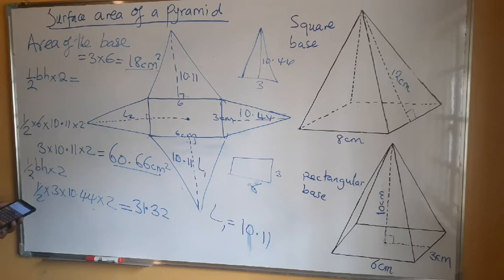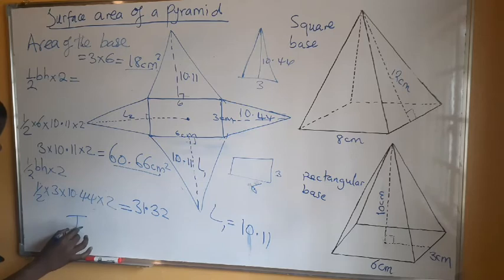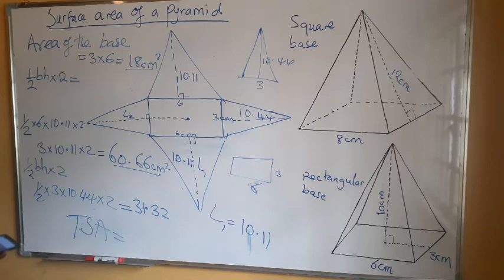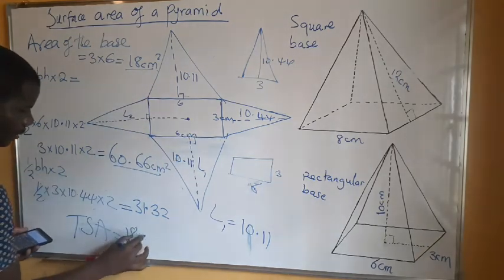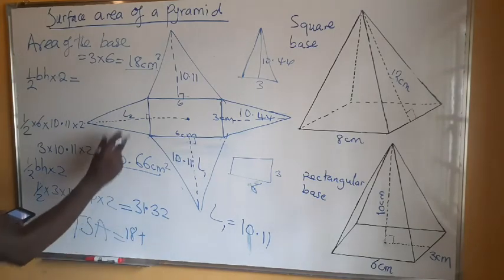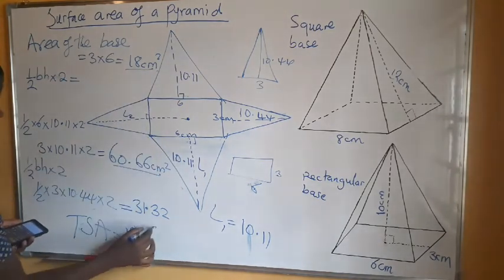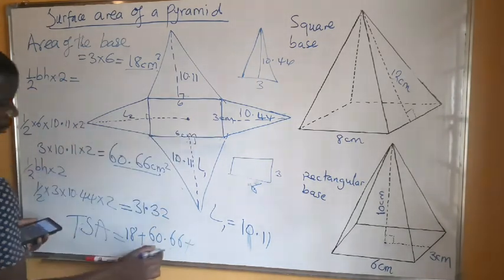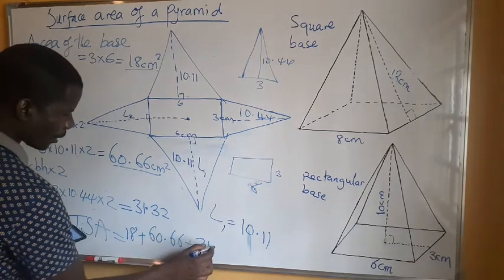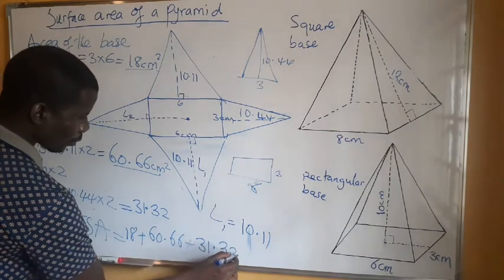Then I'm adding, okay. Then now to find the total surface area of the pyramid, we need to add the area of the base, which is what? 18, plus the area of these two triangles here, which is what? 60.66, plus the area of these other two triangles, which is 31.32.